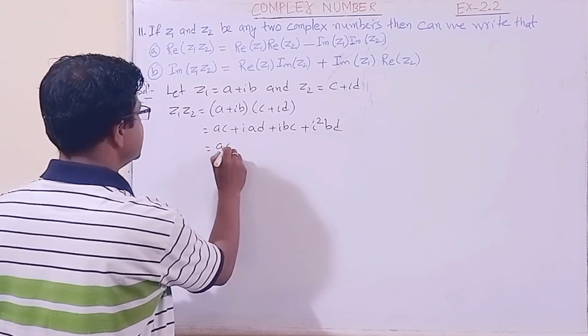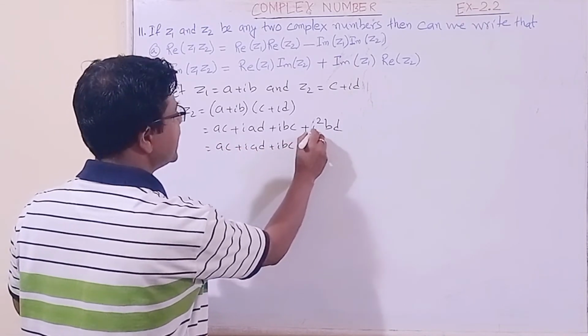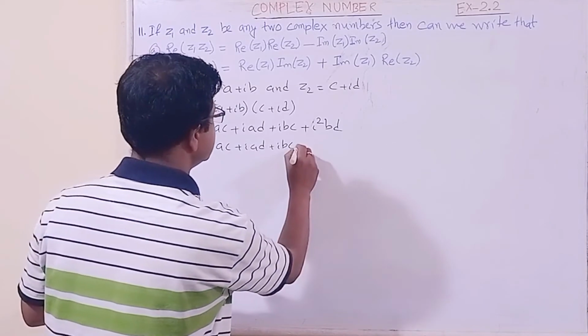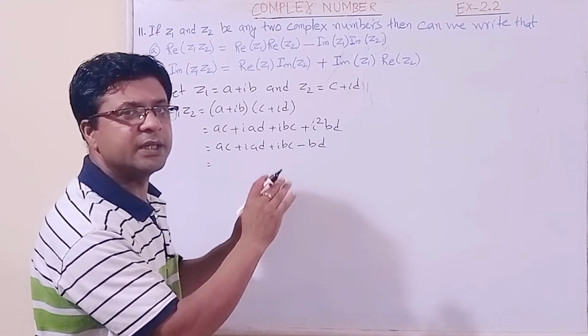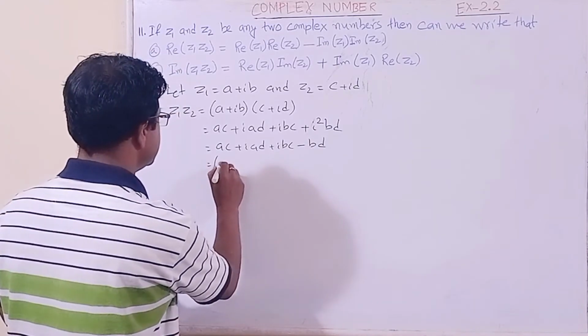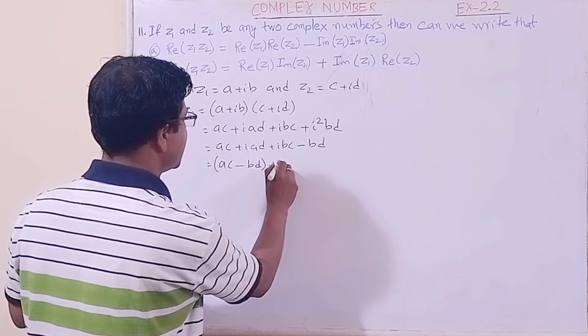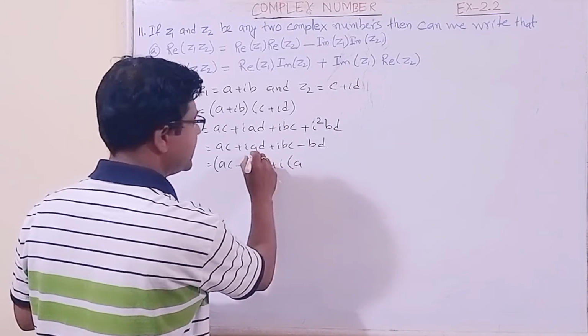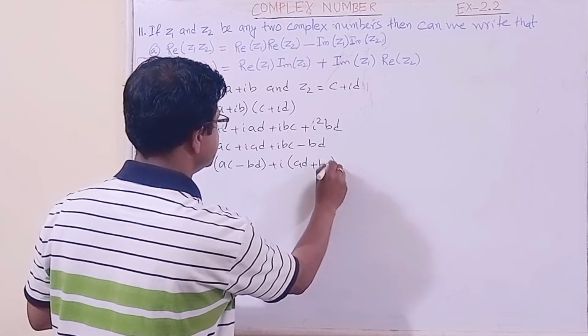I square is minus 1, so this is minus bd. Let us separate the real part and the imaginary part: ac minus bd plus i, taking i common, (ad plus bc).